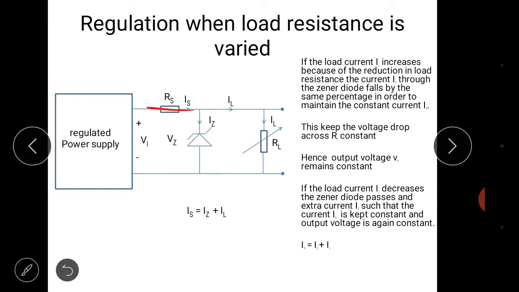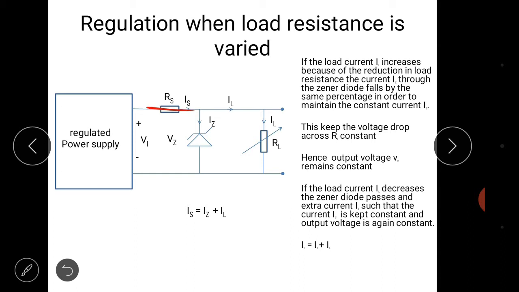If current Is through Rs is constant, then the drop across Rs is constant, and because power supply Vi is fixed, the voltage across RL will also be fixed. Hence output voltage V0 remains constant.